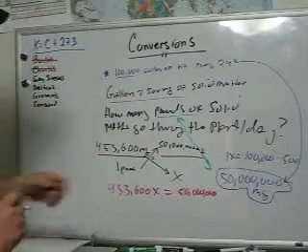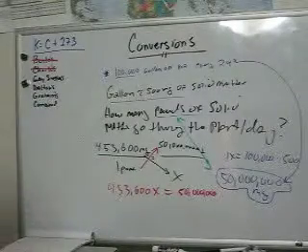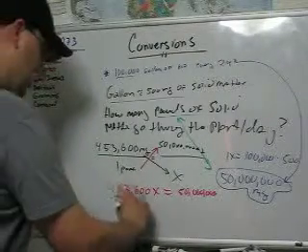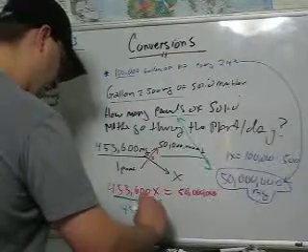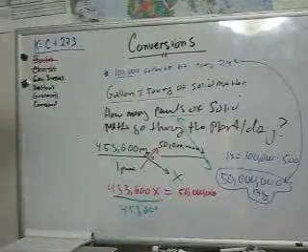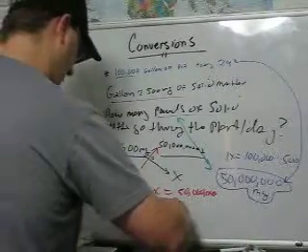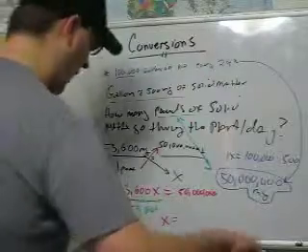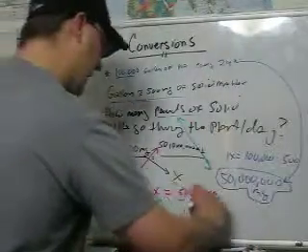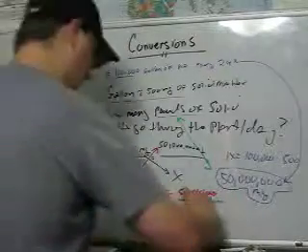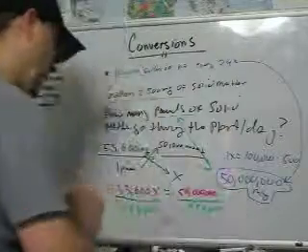So I need to get rid of this 453,600 times x. The way we do that in algebra is I divide this side by 453,600, and x drops down all by itself. But what I do to one side, I have to do to the other side. So I have to divide 50 million by 453,600. Let's go ahead and do the math.